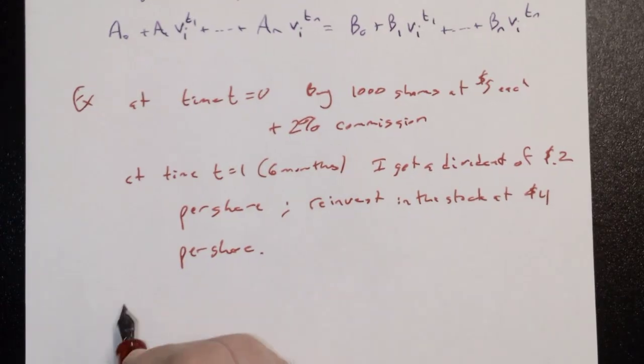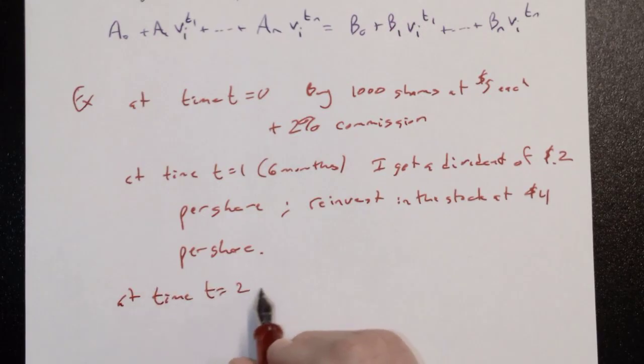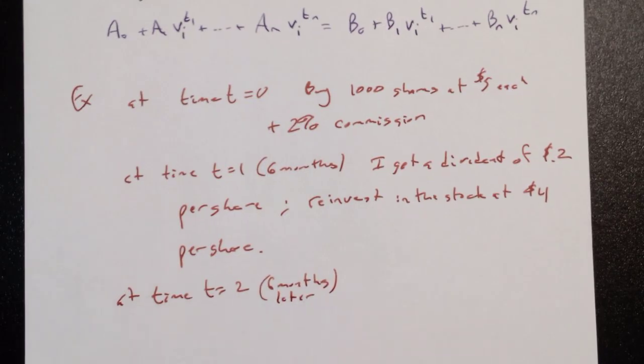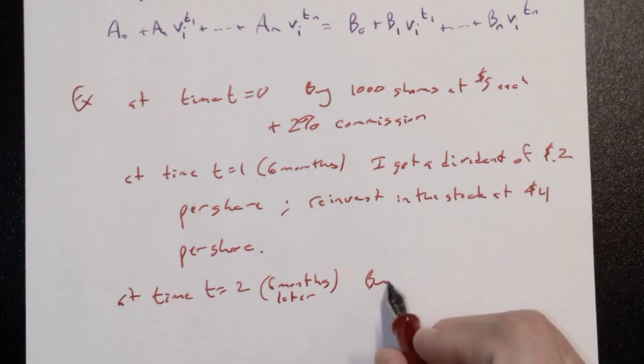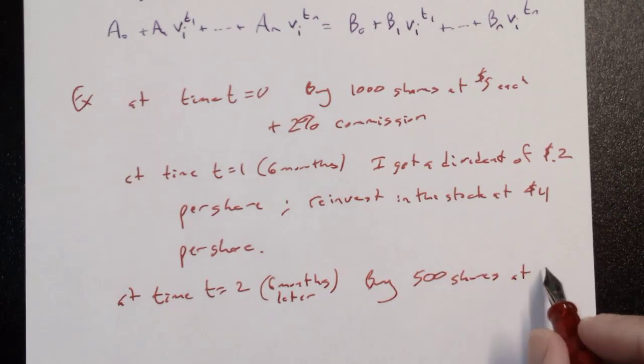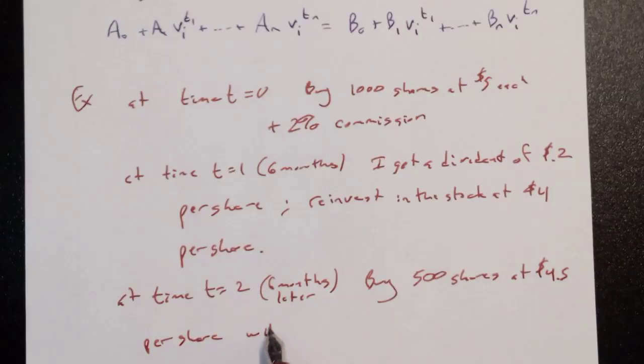Time two, 6 months later, I'm going to buy more shares, buy 500 shares at 4.5 per share with a 2% commission because this is a direct purchase.